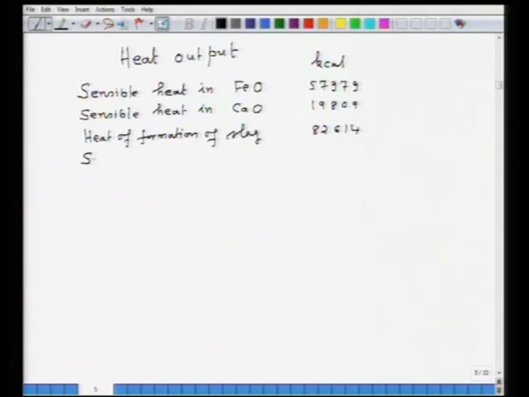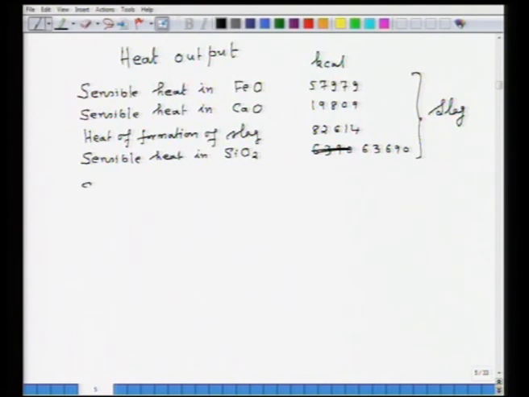Now, sensible heat in SiO2 is equal to 63690. Now, all these four correspond to heat taken out by slag.